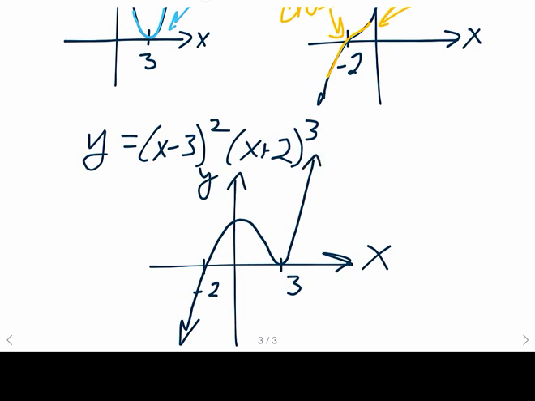Technically, there would probably be a little bit of a wiggle when it crosses the axis at x equals negative 2, but I'm not really going to hold you to that. What I need you to know is that at a root of even multiplicity, we're going to bounce off the axis. At a root of odd multiplicity, we're going to cross the x-axis. And then the other place that multiplicity is going to come up is going to be in forming polynomials, which I'll record in a few minutes.